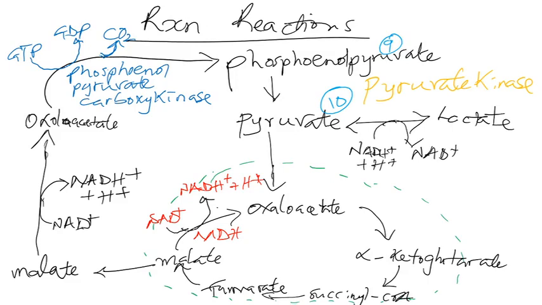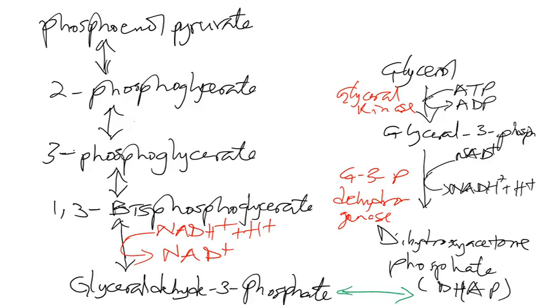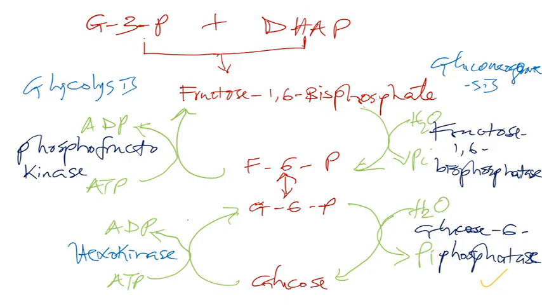The reason is because the first two steps involve the conversion of malate into oxaloacetate, and then the oxaloacetate is converted to phosphoenolpyruvate, and then the phosphoenolpyruvate is converted to 2-phosphoglycerate, then 3-phosphoglycerate, and so on until we produce the glucose finally. So those are the steps for gluconeogenesis.